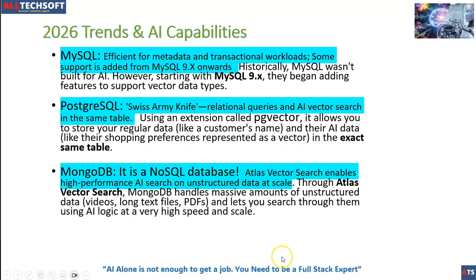Then PostgreSQL supports relational queries as well as AI vector search. They have an extension called pgvector, which is very relevant in AI scenarios. Then MongoDB is a NoSQL database. It has Atlas Vector Search already built in, and it is capable of doing AI searches.